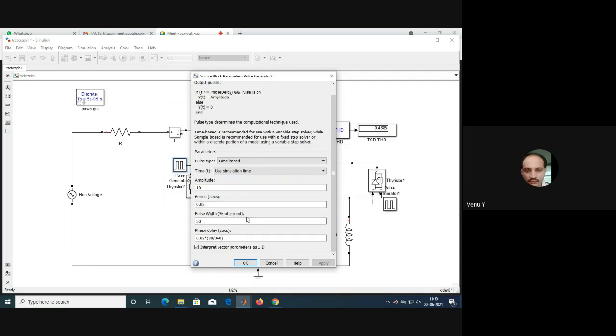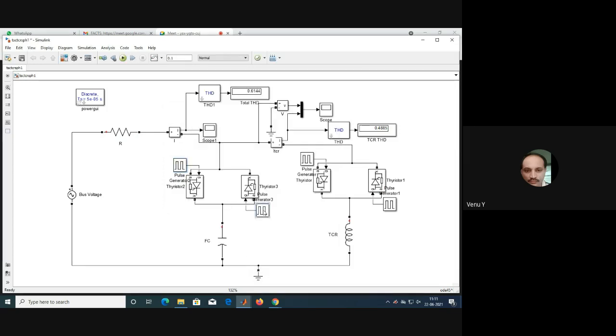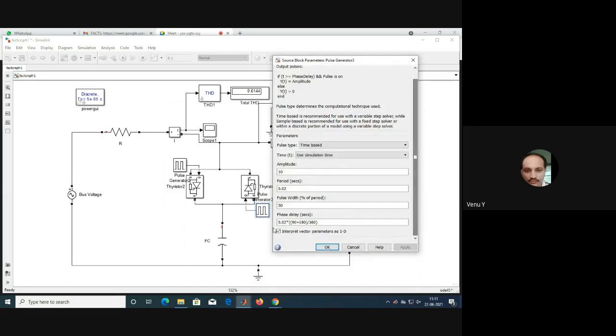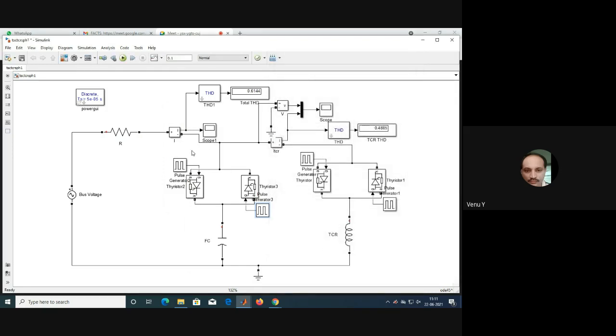Pulse width is 50 percent of the period, and phase delay 0.02 into, so firing is at 90 degrees. Let us take that. You can also change the firing angle. Switch on time: 0.02 into 90 plus 180. So this is the TSC block.